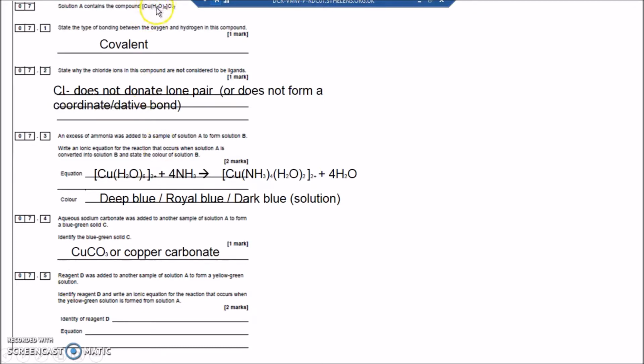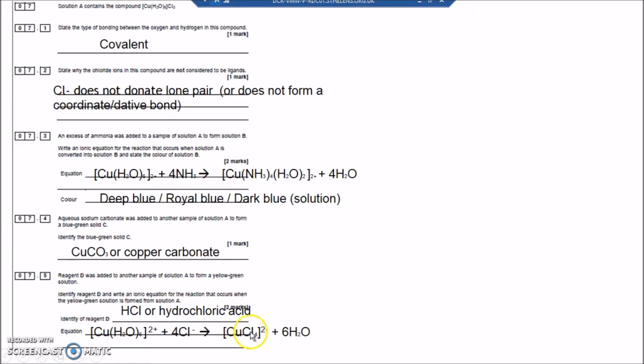So this forms a yellow-green solution, which is actually CuCl4 2-. So to replace the waters with Cls, you're going to have to use concentrated hydrochloric acid. And concentrated hydrochloric acid will replace those 6 waters with 4 Cls. So 6 of the waters and 4 Cl- chloride ions make CuCl4 2-, 6 H2O.